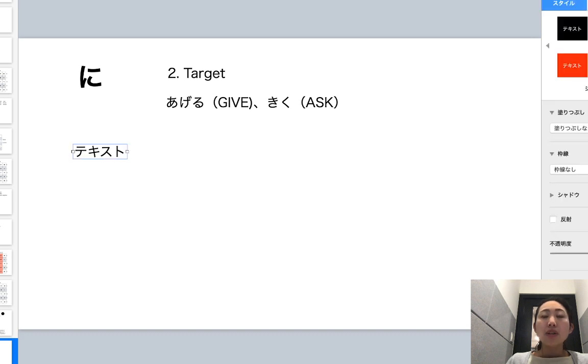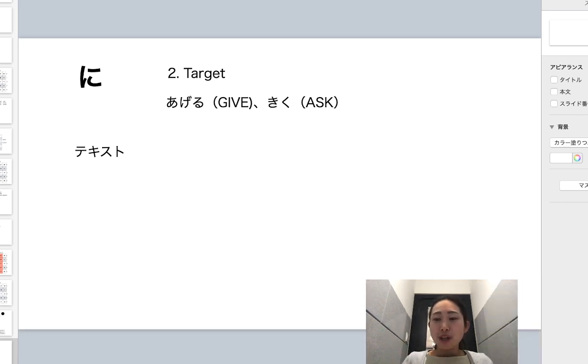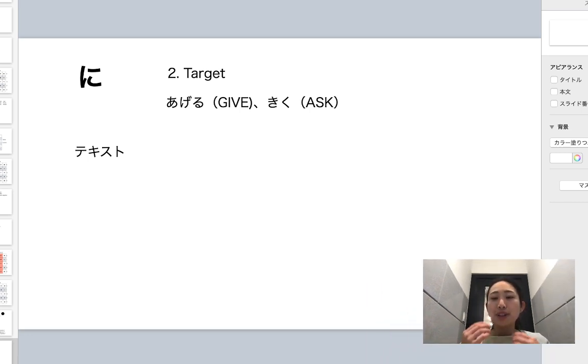So when you give something, you have someone to give the thing to, right? So to show the person you give the object to, you use ni. So ageru is give, okay?